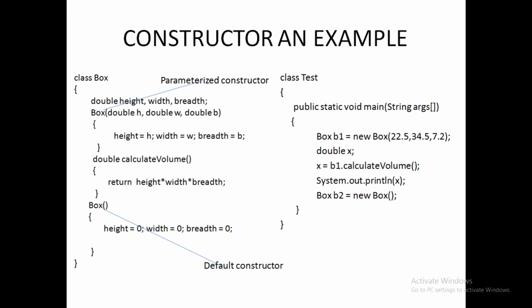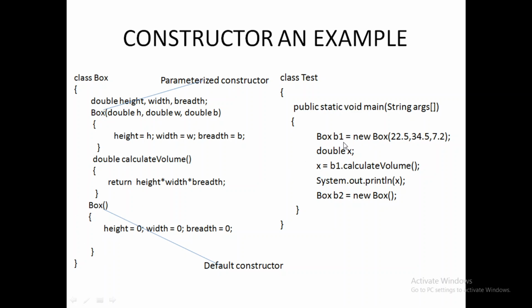But if I write private, then all the rules associated with public or private or any access specifier will apply to that constructor. Therefore, if it becomes private, then it cannot be accessed outside the class where it is defined. That means the use of this constructor will be limited inside this class only.